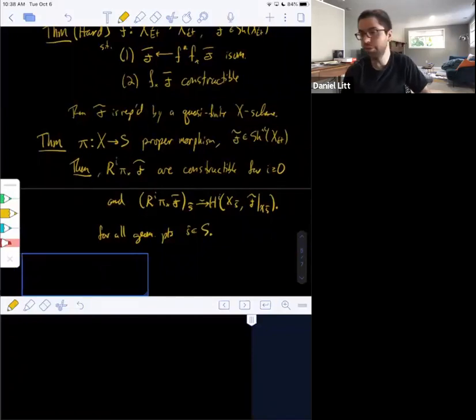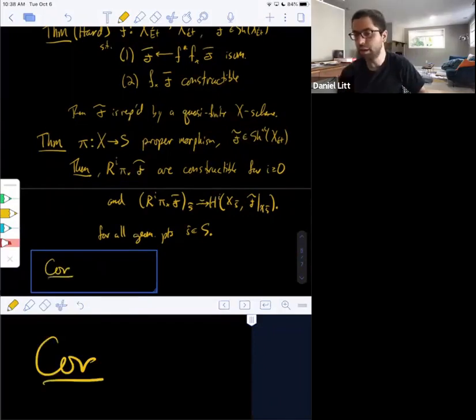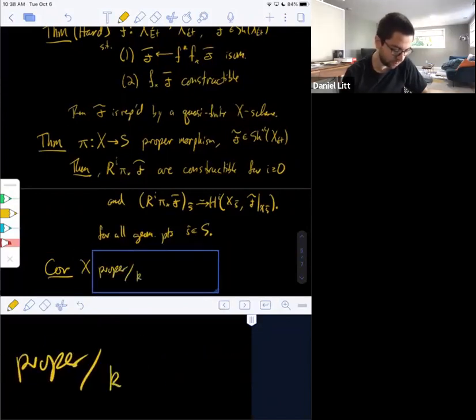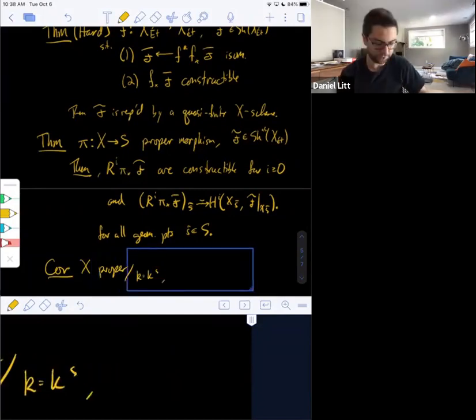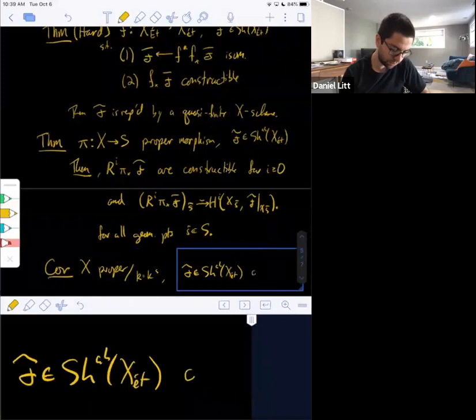All right, so let me just make some corollaries explicit. So suppose X is proper over a separably closed field. So I'm going to take S to be just Spec K, and suppose F is constructible.